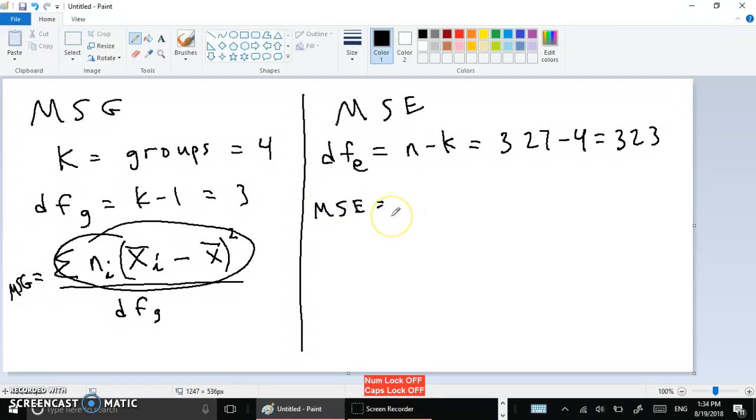Okay, so the formula for the mean square of the errors. There are a few different ways of doing this. The easiest one, in my opinion, is just this: n_i minus 1, the sample size of each group minus 1, times the standard deviation of each group squared, then sum it all together and divide that by the degrees of freedom of the errors.